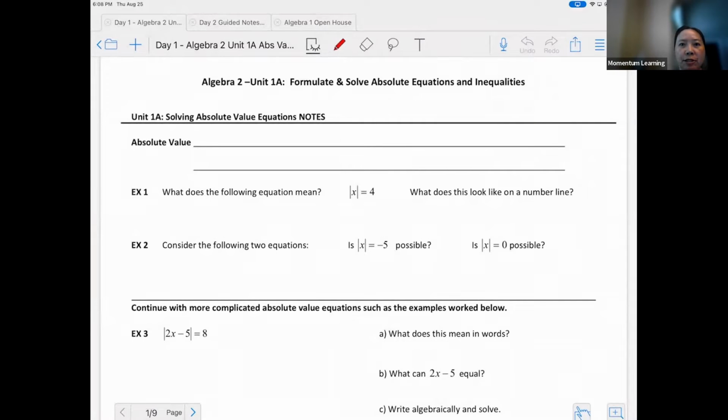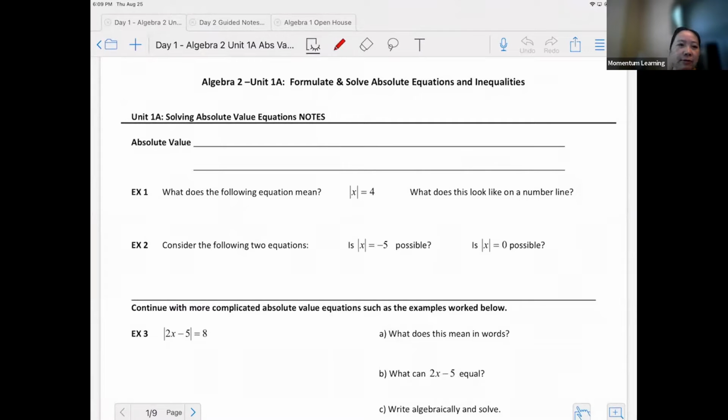Can you all see my shared screen? It says Algebra 2, Unit 1A. Yes, you can. Let me turn on the chat. You can unmute yourself or just type in the chat. Can you all see it? Thank you, Tiffany.